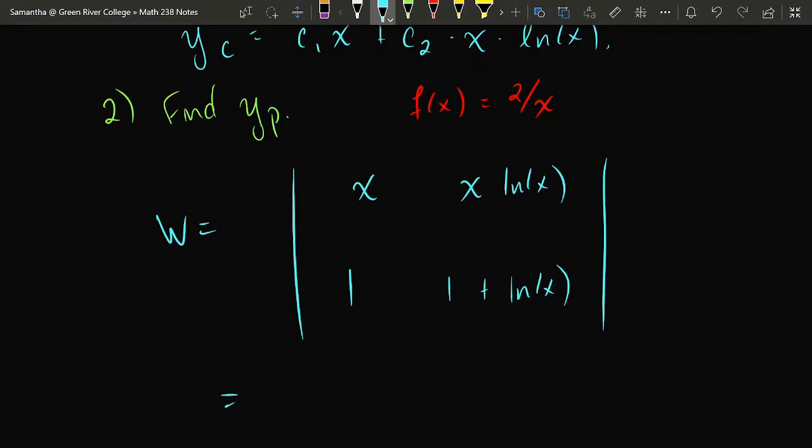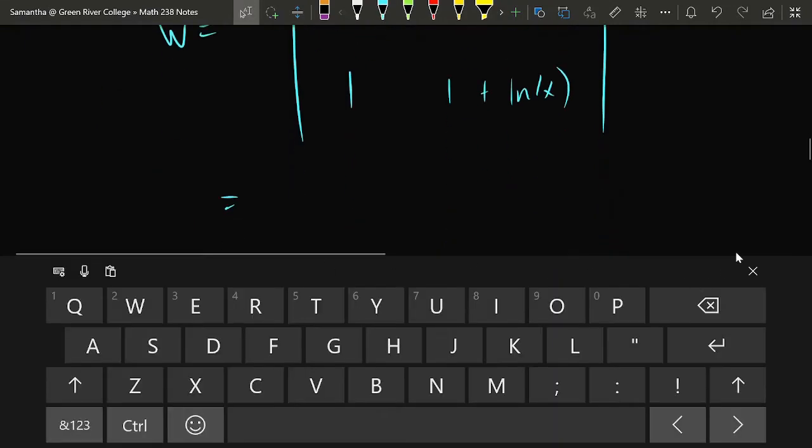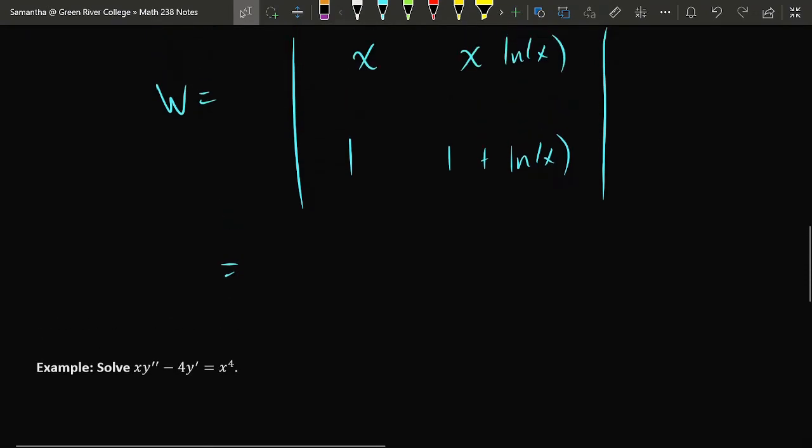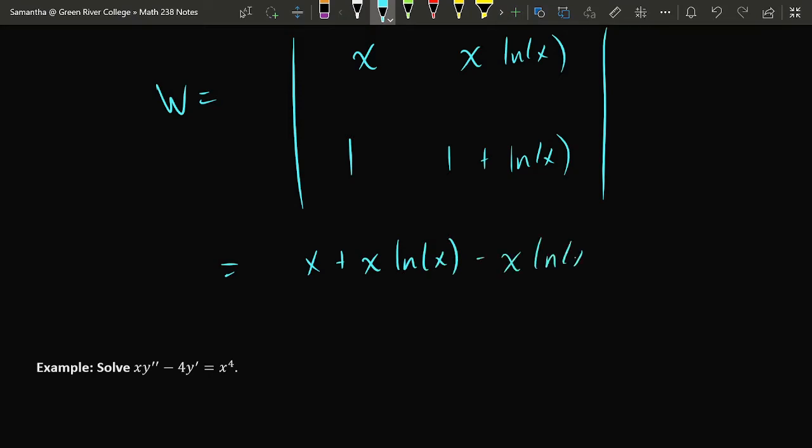So if we calculate that determinant, we get x plus x times natural log minus x times natural log, and therefore the Wronskian simplifies just to x.